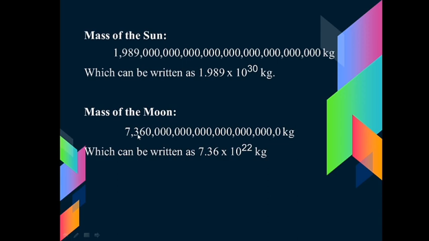So that is 3, 6, 9, 12, 15, 18, 21, and this is 22. So here we will write 10 raised to the power 22. When you multiply 10 raised to the power 22 with 7.36, you will get this number. So this is how we write a long or big number in exponential form. We call it the standard exponential form.